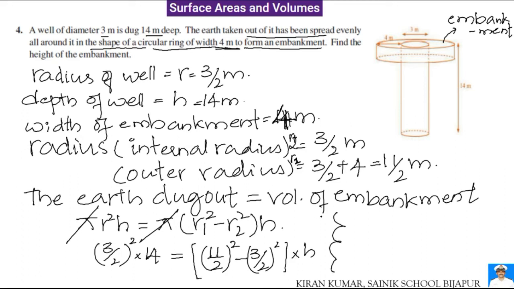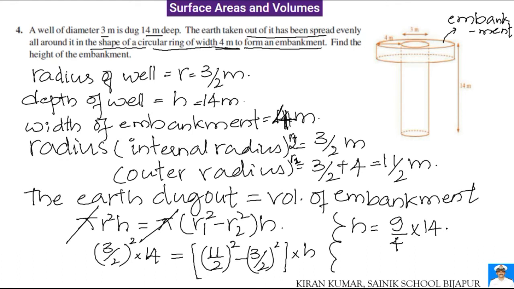Now we get h as 9 by 4 multiplied by 14. Then we need to simplify this. Here it's 121 by 4 minus 9 by 4. 121 minus 9 is 112.